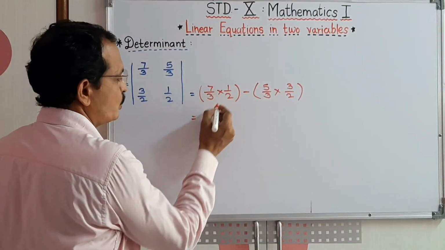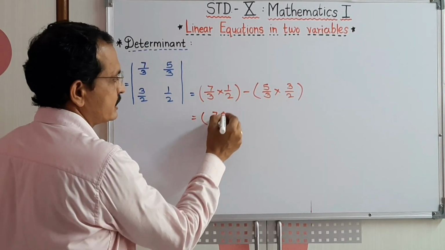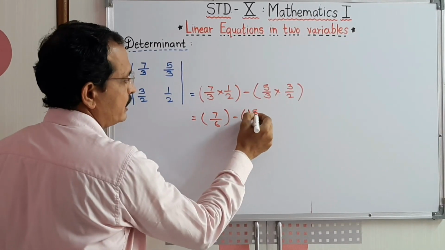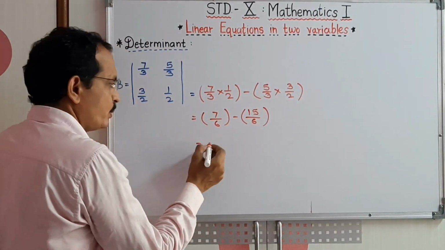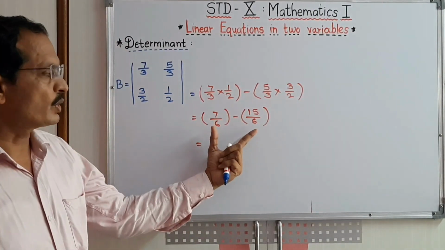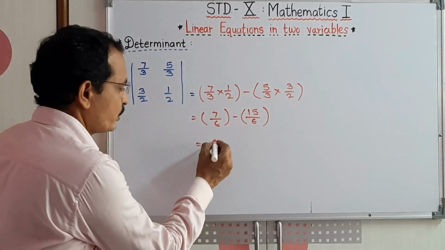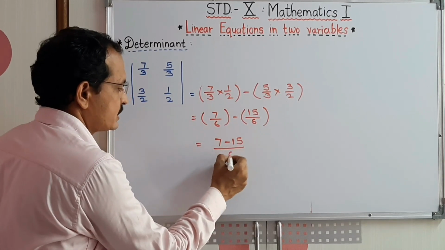Therefore 7 into 1 is 7, and 3 into 2 is 6, minus 5 3s are 15 upon 3 2s are 6. Now we have to do the subtraction. For this, see the denominators are the same. Therefore we simply write 7 minus 15 upon 6.